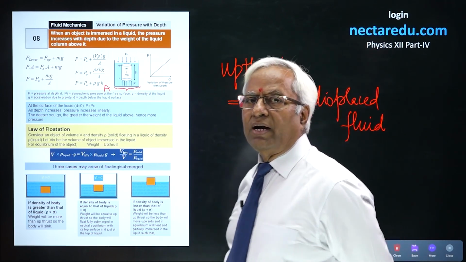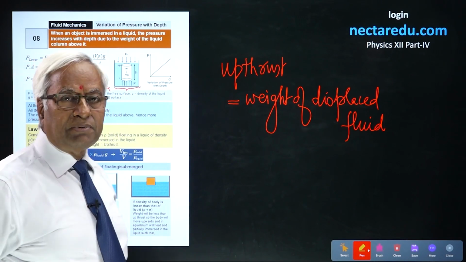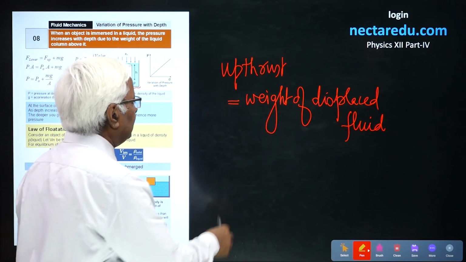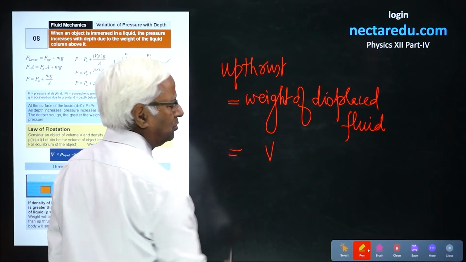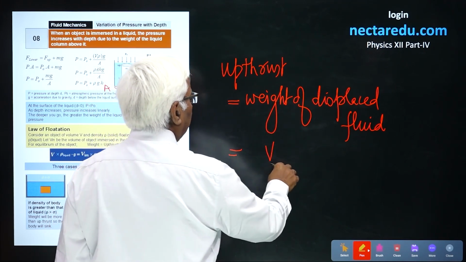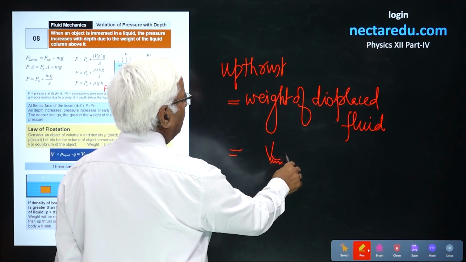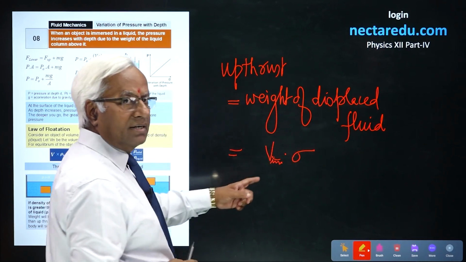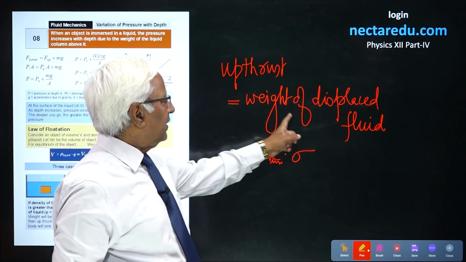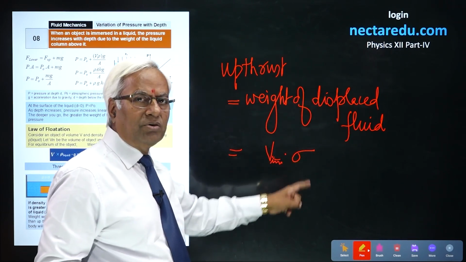Now, whenever you want to find the upthrust, you have to find out the weight of displaced fluid. Suppose the body is completely immersed, then you will take the total volume. If only a particular volume is immersed, then you will take Vm into the density of the liquid. Here, because you are saying weight of displaced fluid, you will take the density of the fluid only.